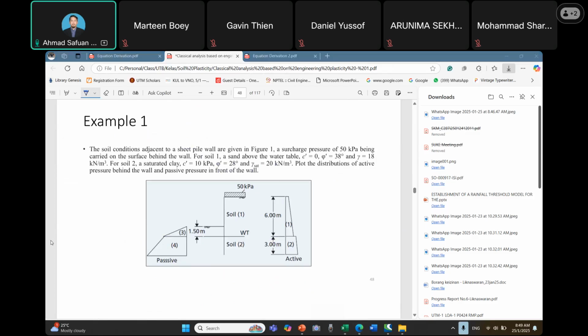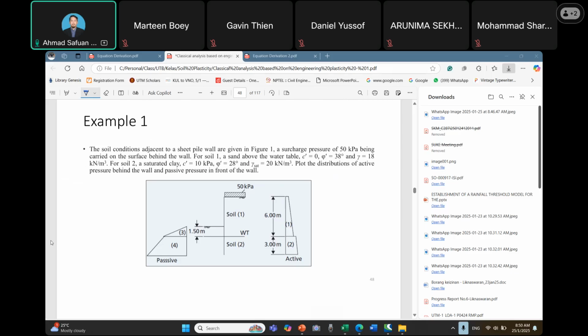Similar to this one. In this case, we assume that the wall is smooth, the friction between wall and soil is smooth, there is no batter angle on the wall, and also no sloping on the backfill.